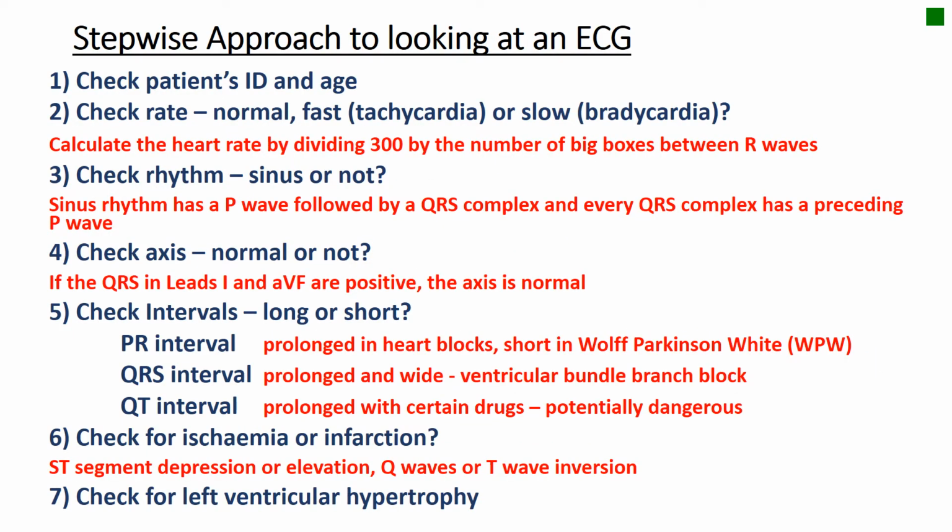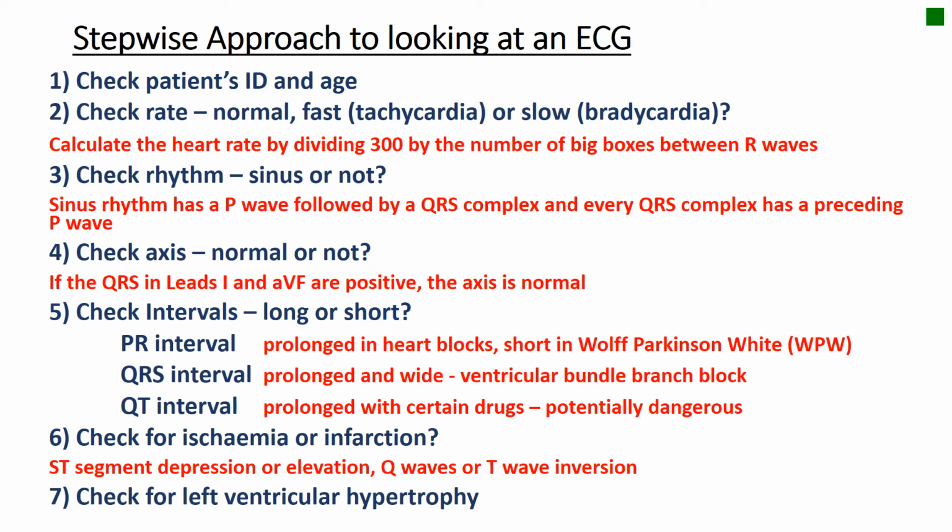So I want to give you a stepwise approach to looking at an ECG. Like any new skill that you learn, it's good to have a framework, a system that you can follow, and then you're not likely to miss anything as you do it. Again, like with many investigations, always good to check the patient's name and age, and check that you're looking at the right patient's ECG.